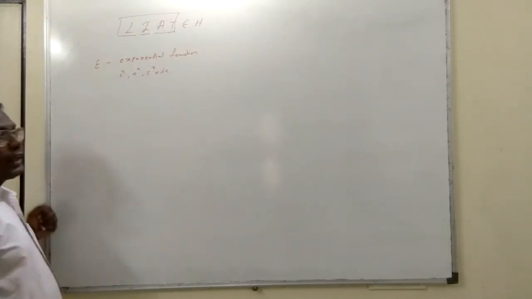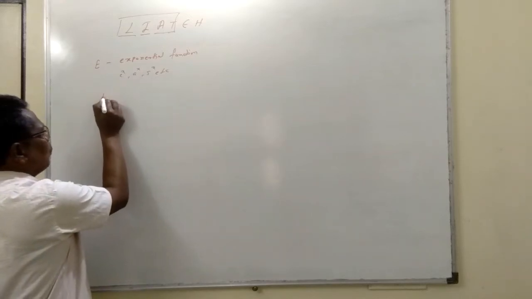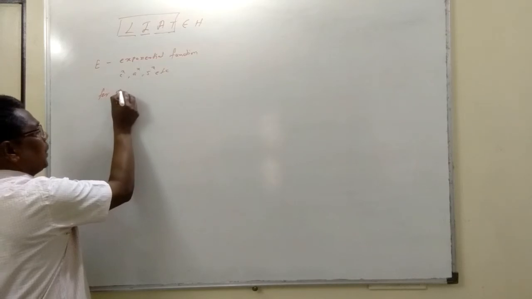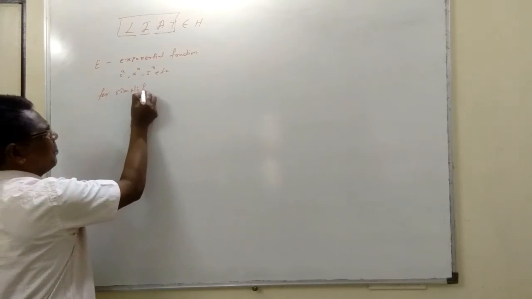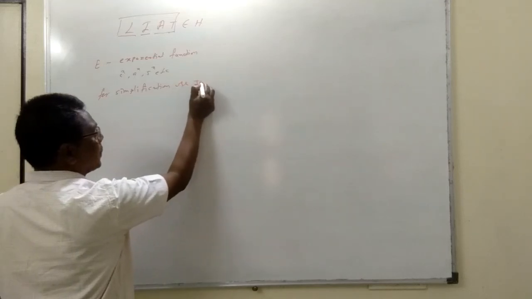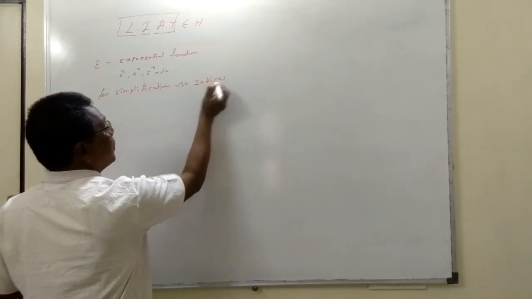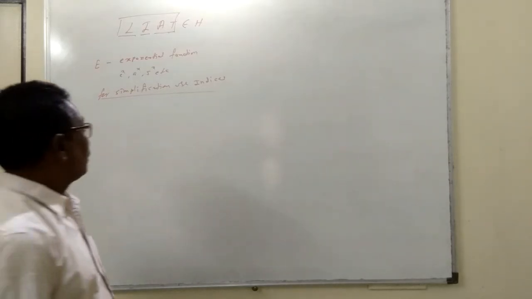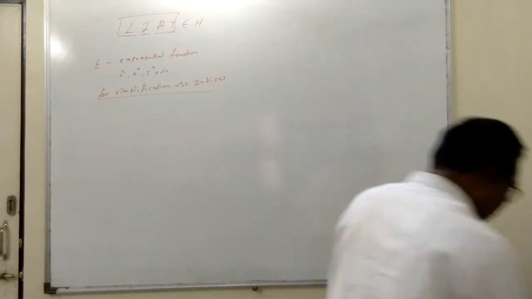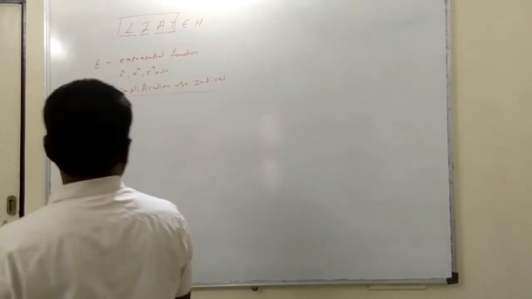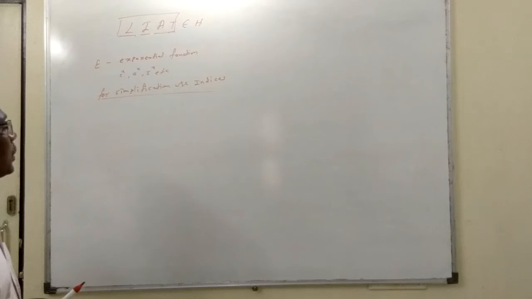For the simplification of the exponential function, we are using indices. Already these formulae we have stated in algebraic functions, so it is not essential to state them again.